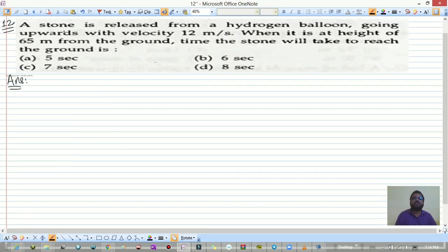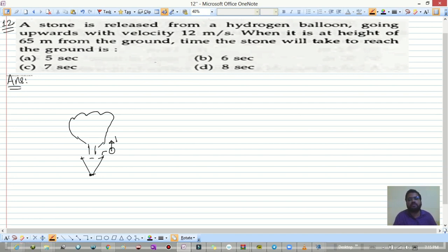And the last question, a stone is released from a hydrogen balloon going upward. Okay, so this is the hydrogen balloon which we have. Now from this one stone is released. When stone is released, that means that stone will acquire the velocity of that balloon.